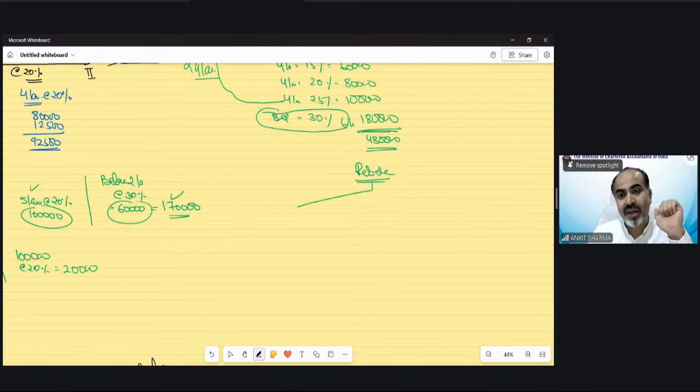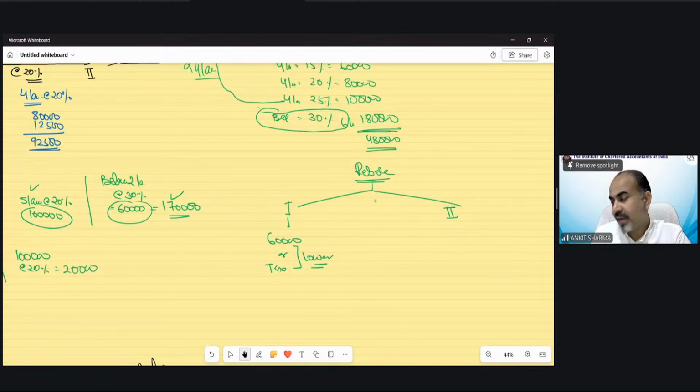But in case of the default tax regime, there are two rebate concepts applicable. It says the rebate is 60,000 rupees or the amount of tax, whichever is lower.